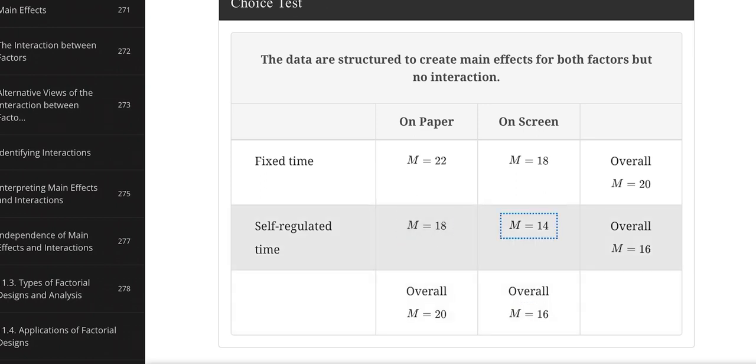Here, 18 to 14, again, that matches the trend of the on-screen being less. Over here, 20 to 16, so that means it should go down when we go from fixed time to self-regulated time, and it does. So it follows the same trend.